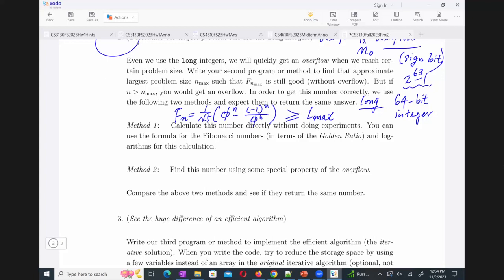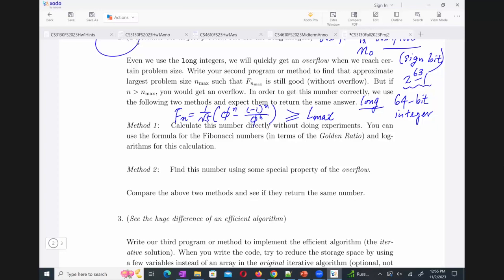But you can see, if you want to solve this inequality directly, it is not easy, because it is an exponential function with two terms. Fortunately, this formula has a very special structure, so we can take advantage of it.